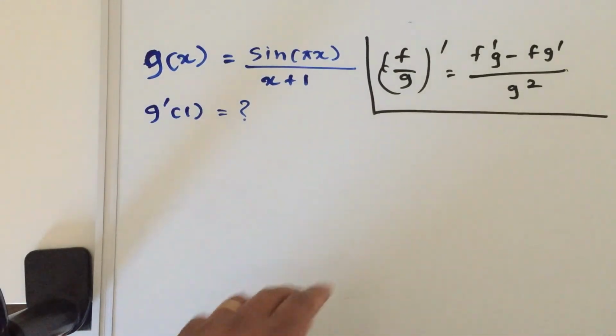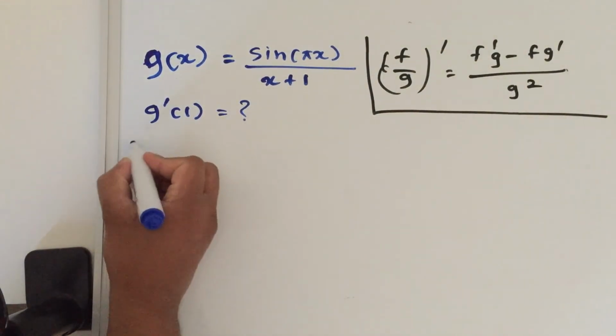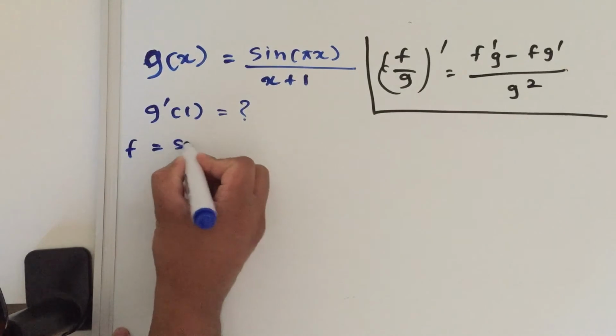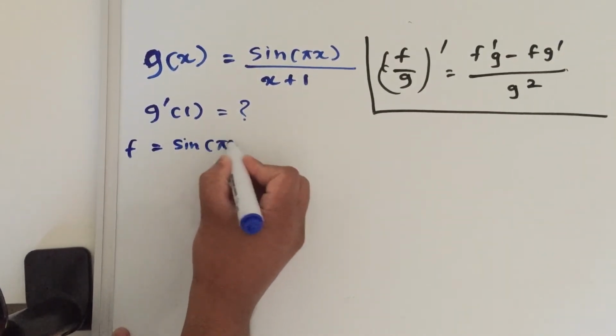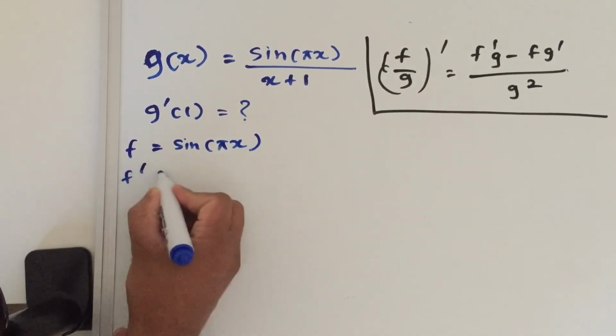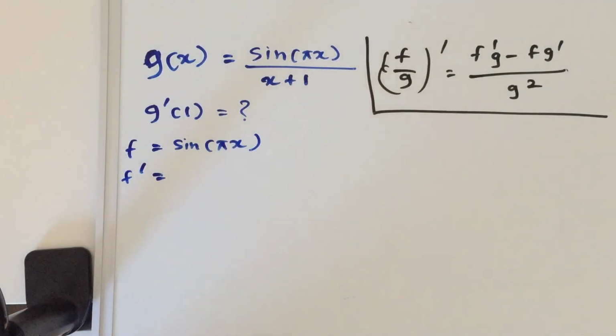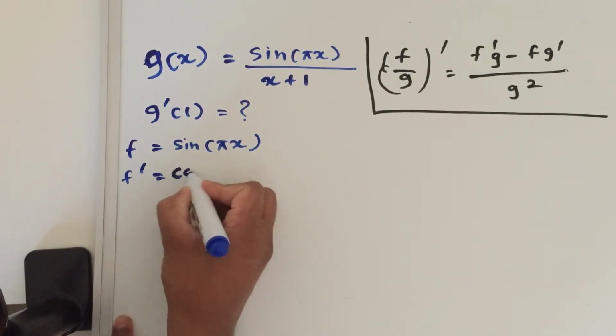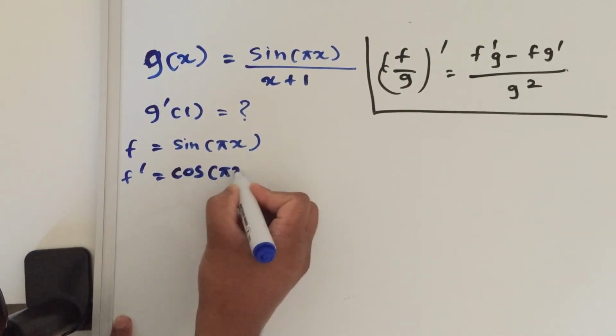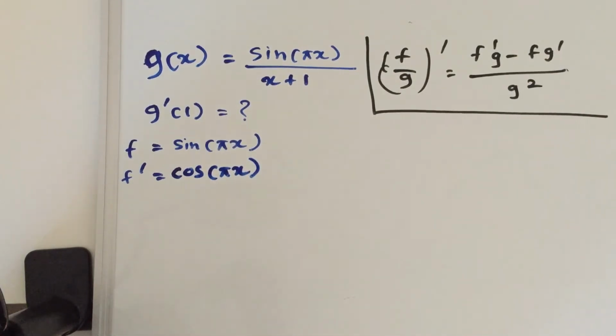The next thing we can do is find what f is in our situation: sine pi x. What is the derivative of f? This is a really good example. The derivative of sine is cosine pi x, and then we have to apply the chain rule here.